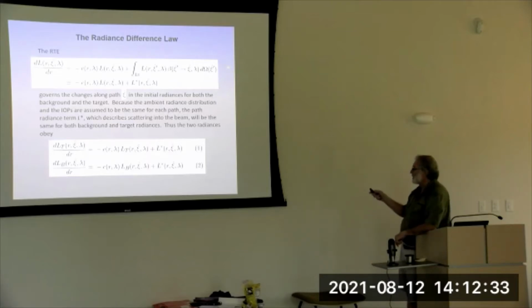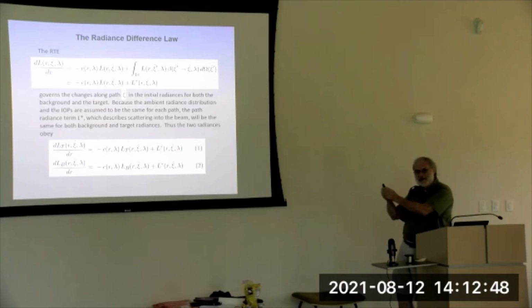And there might be a source term out here too. Well, let's just call this big integral here L star. And now, as I said, the idea is that along these two paths, all the absorbing and scattering along the way are the same. All that's different is the initial value.